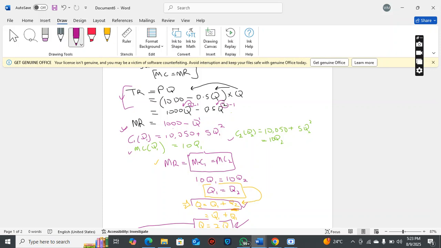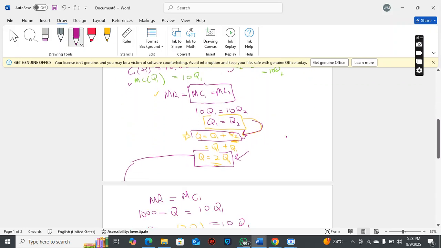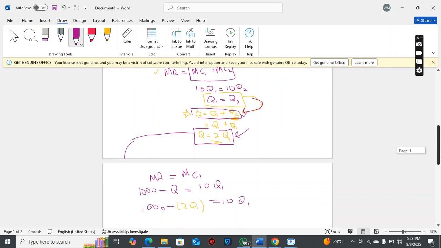As you saw, from our marginal cost functions, we saw that Q1 equals Q2, and we applied it to the condition that was given in the question. Then once you have done that, you can now express Q in terms of either Q1 or Q2 so that you can easily solve your marginal cost function.